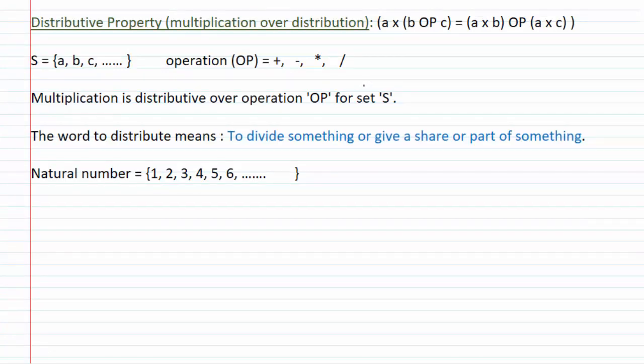It is also known as multiplication over distribution property. But before that, let's understand the word distribute. Distribute means to divide something or give a share or part of something.